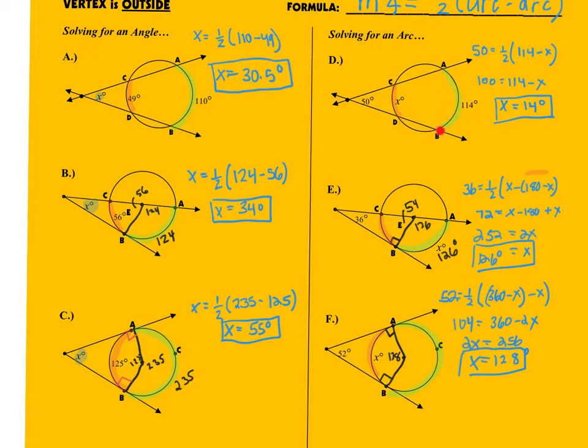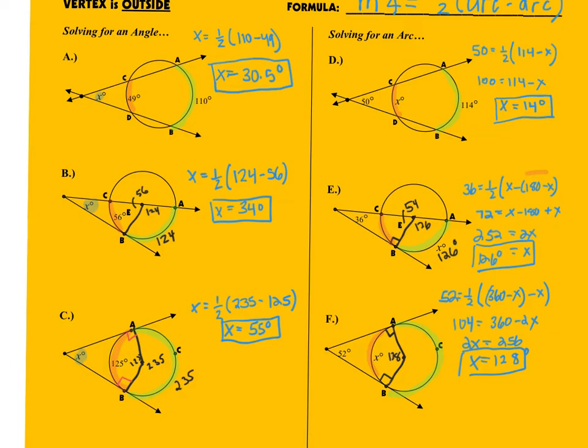So I'm going to take this 114 and subtract out x. Then I'm going to multiply by the reciprocal. That's going to make that 50 a 100. And then when I solve for x, I'm going to have 14 degrees for this arc here.